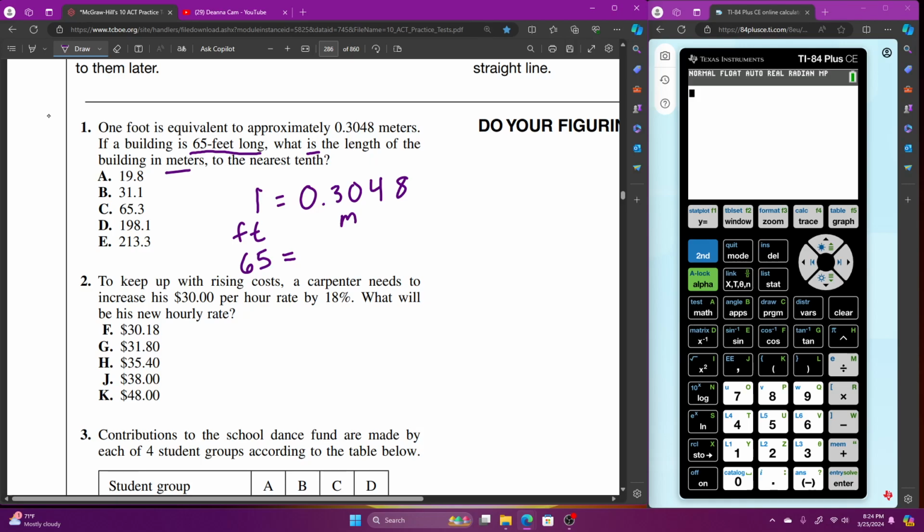So when we're going from a big unit to a smaller unit, right? Because 1 is bigger than our decimal number, 0.3048. We are going big to small, so we multiply.